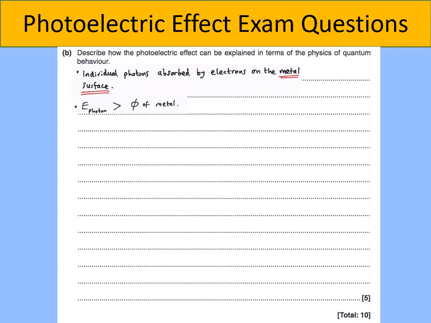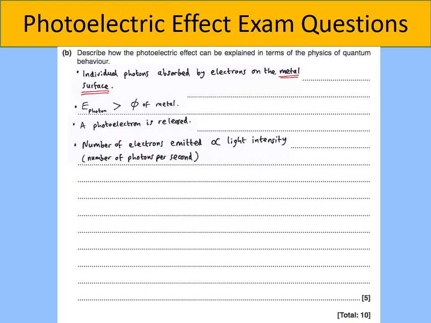The energy of an incident photon must be greater than the work function of the metal. Now, zinc has quite a low value for the work function, which is why zinc is often used in our electroscopes. Okay. The next thing to note is that a photoelectron is released.